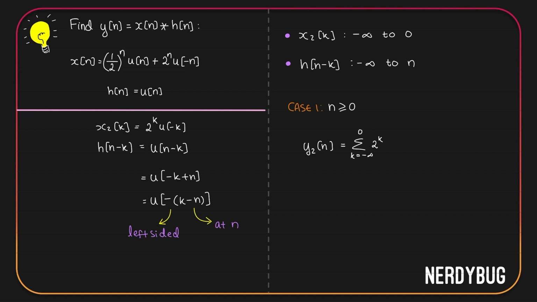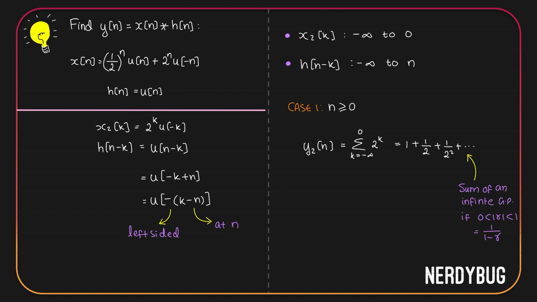If you give k equals 0, it becomes 1. Plus, if you give minus 1, you get 2 raised to minus 1, 1 by 2. If you give minus 2, you're getting 1 by 2 square. It goes on like that. So basically, this is a geometric progression with common ratio being 1 by 2, which is less than 1.